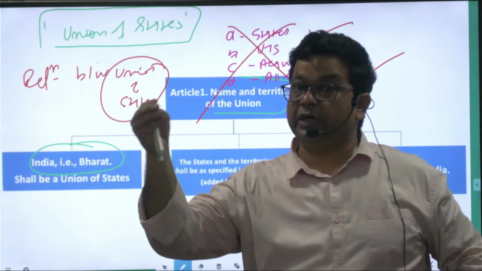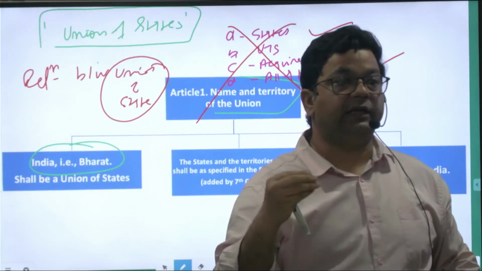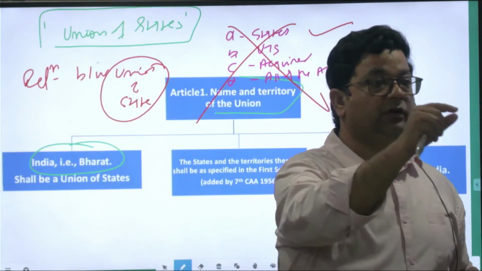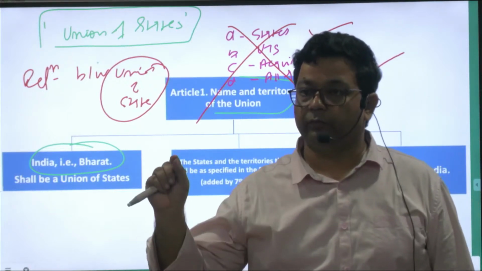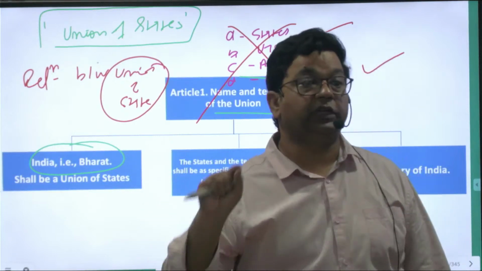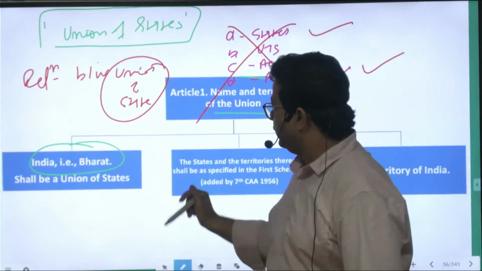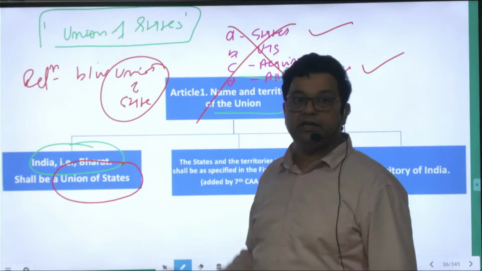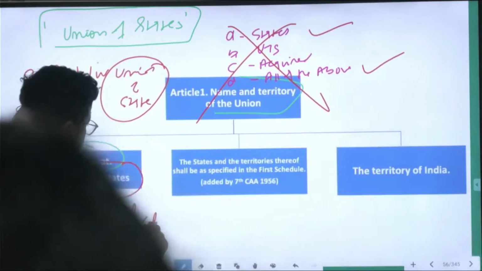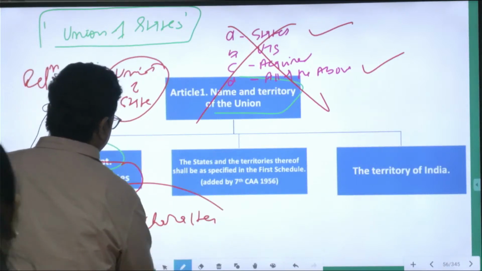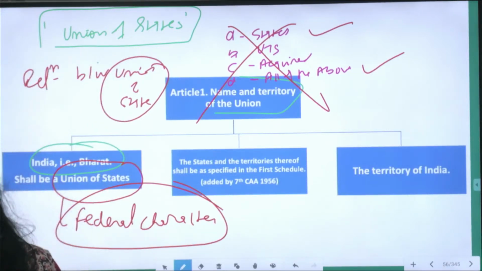Both Union and states derive their power from the Constitution of India. Am I clear? Yes or no? Right? So the term Union of States is an indication of the federal character of the Indian Constitution.